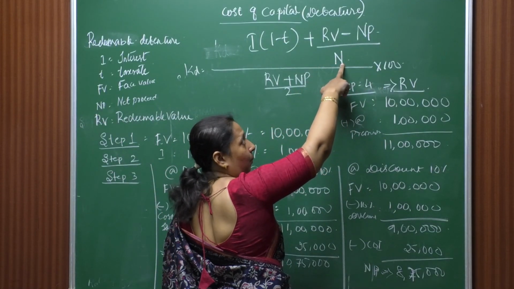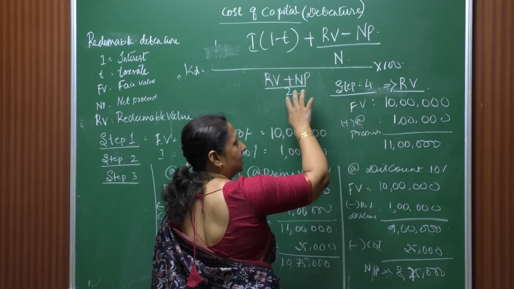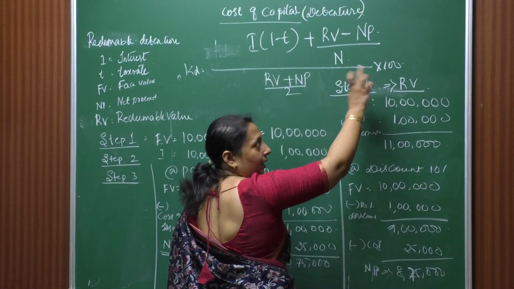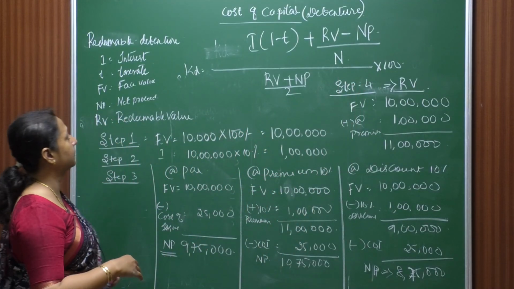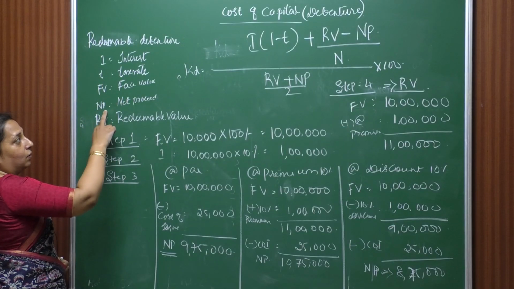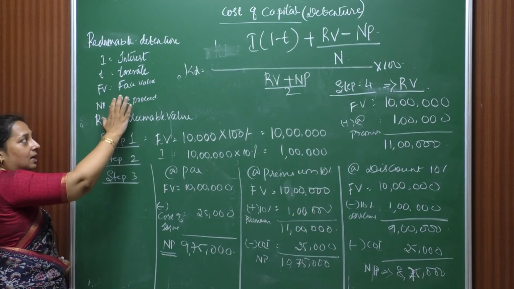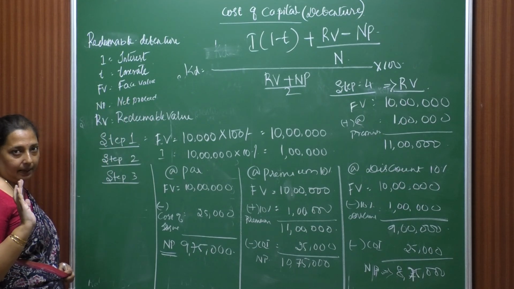N specifies the number of years. And again the average will be taken, that is RV plus NP, whole thing divided by 2, into 100. This is the formula. I stands for interest, T stands for tax rate, then face value, net proceeds and RV. In irredeemable, RV was absent; here the redeemable value will be there.